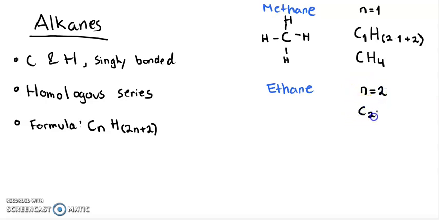So we have C2H, and 2 times 2 is 4, plus 2 is 6. When we draw this, we connect the carbons, and then we add hydrogens. What you probably already know from the Lewis structure is that carbon wants to have 4 bonds and hydrogen wants to have 1 bond. So this is the only way that all of the carbons and all of the hydrogens will be happy.